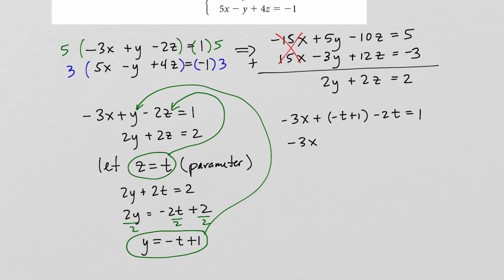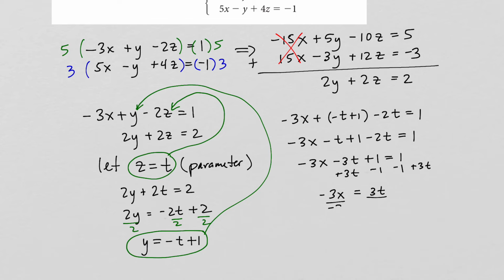This is negative 3x minus t plus 1 minus 2t equals 1, and that's negative 3x minus 3t plus 1 equals 1. Subtracting 1 from both sides and adding 3t to both sides gives us negative 3x is equal to 3t. And finally, dividing both sides by negative 3, we get x is equal to negative t.